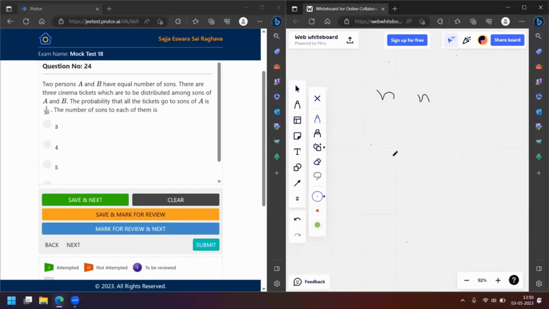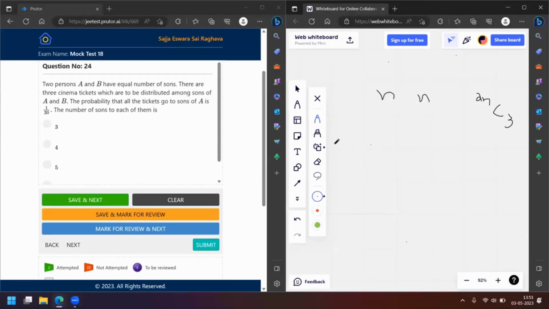We can say that the total number of choices for picking 3 students from the 2n children is 2nC3 if we distribute one to each.